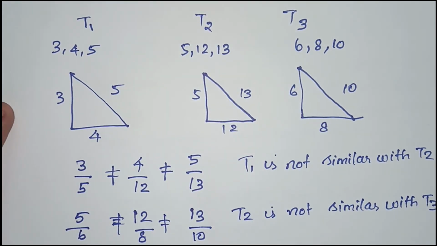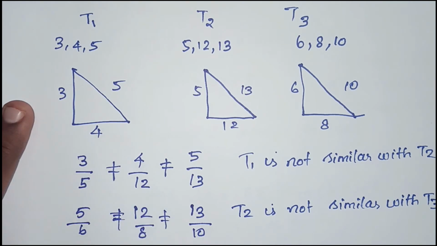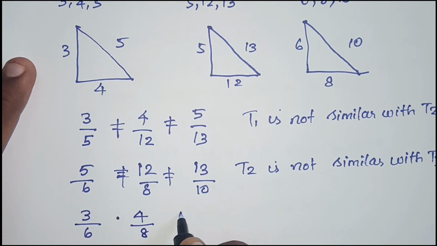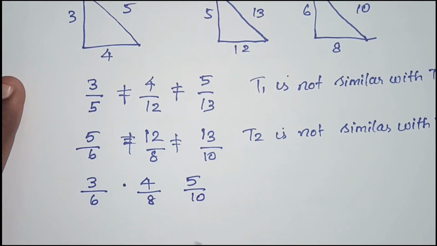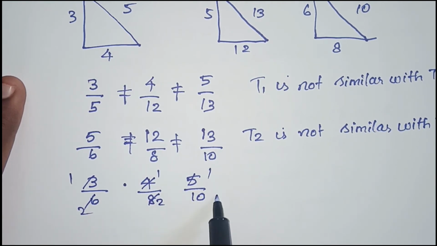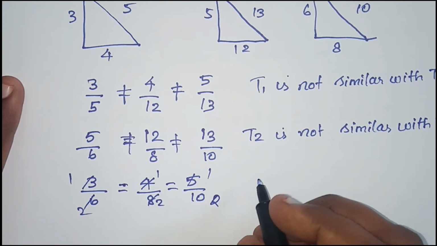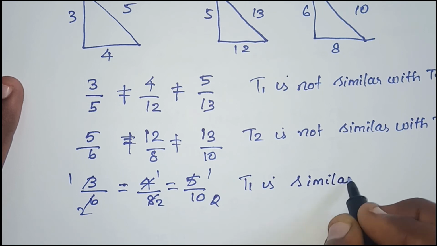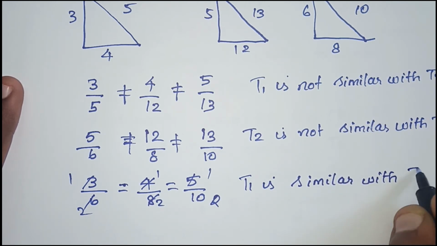Next I am taking T1 and T3. The corresponding side ratios are 3 by 6, 4 by 8, 5 by 10. On cancelling, these are 1 by 2, 1 by 2, 1 by 2. So these ratios are equal, and T1 is similar with T3.